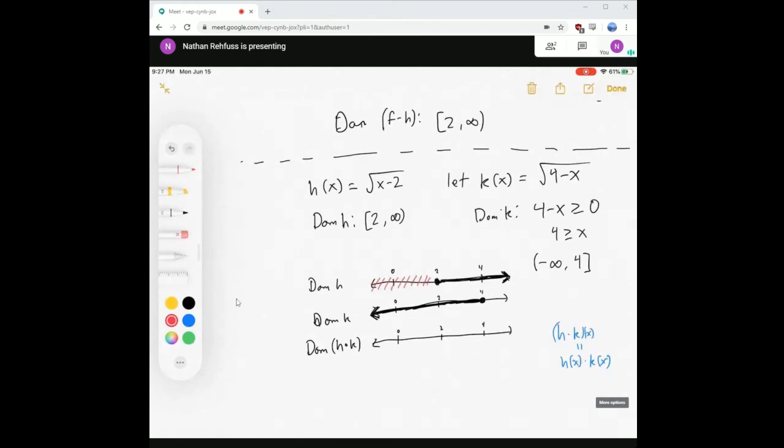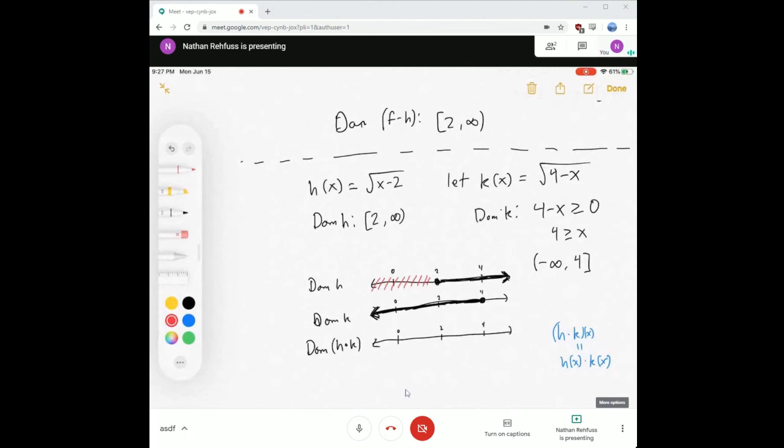None of these numbers are going to work because I can't plug them into h. Just like that old graph didn't go past the edges of the semicircle, this is not going to go past the edge of h. I can't plug any of these points into h, and that means I can't plug them into h times k because the h part is missing. These numbers between 2 and 4 are great. I can plug them into both of them and then get my result. Any number bigger than 4, though, that's not going to go into k.